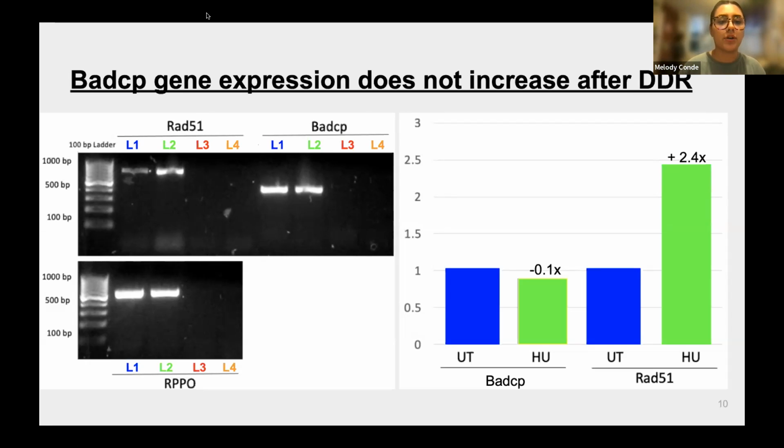So it's really important to understand how these genes contribute, whether they are directly repairing DNA or acting as a preventative response to further damage that could be done to the cell after DNA damage. So in terms of bad CP, the clinical relevance is how it prevents or responds to this DNA damage in order to prevent further cell cytotoxicity or even just cancer as a whole.